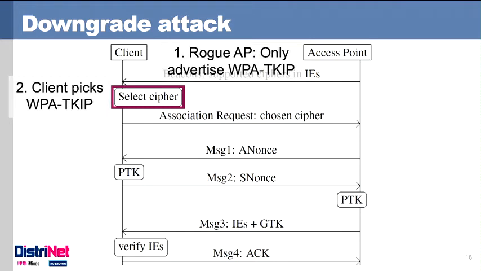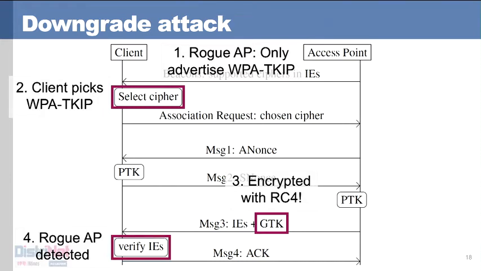The rest of the handshake here will continue as normal, but now the group key will be encrypted using RC4 because the client here requested WPA2. And this downgrade attack is only detected after the group key has been encrypted using this weak cipher. So now we can try to attack RC4 in this setting. Now, I'm not going to go into details here.